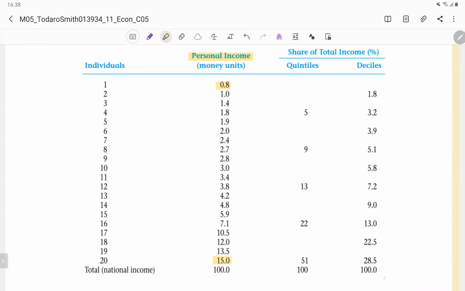For example, in this example, we have 20 individuals, and we order them from whose income is the lowest to whose income is the biggest. And that's what we want.